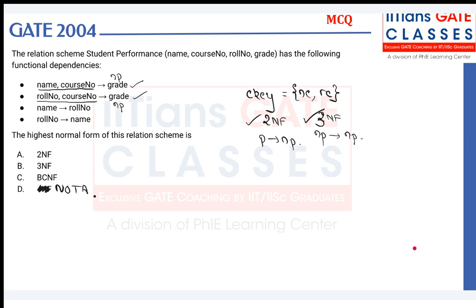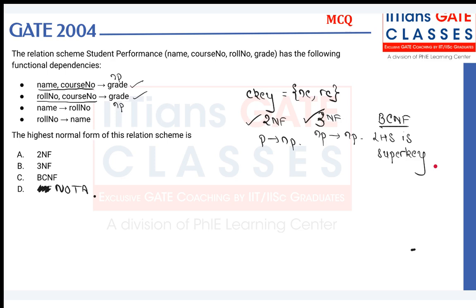Is the left hand side of every functional dependency a super key? If not, who are the culprit? Name, roll number, name.